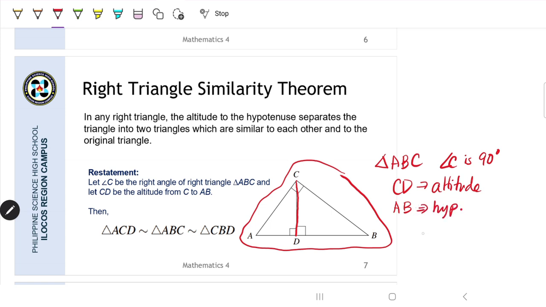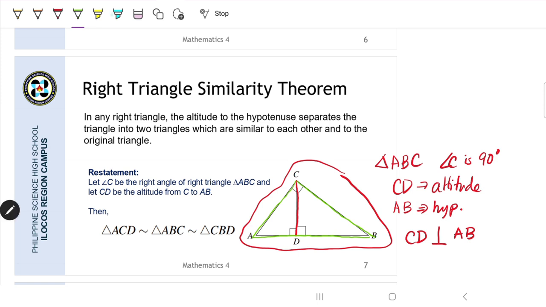So that means CD, which is the altitude, is perpendicular to the hypotenuse, which is AB. Hence, we can form the three triangles. So where are those three? You have here the biggest triangle, which is triangle ACB or ABC.